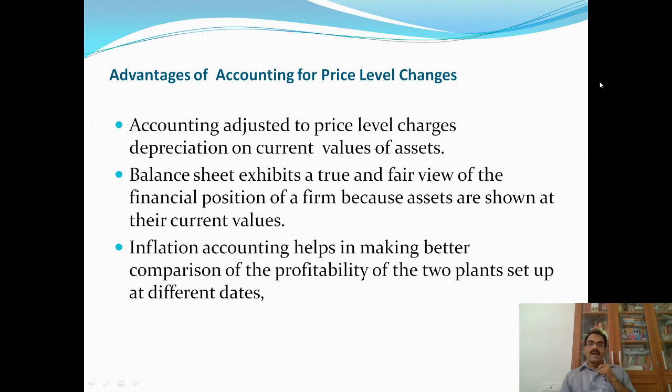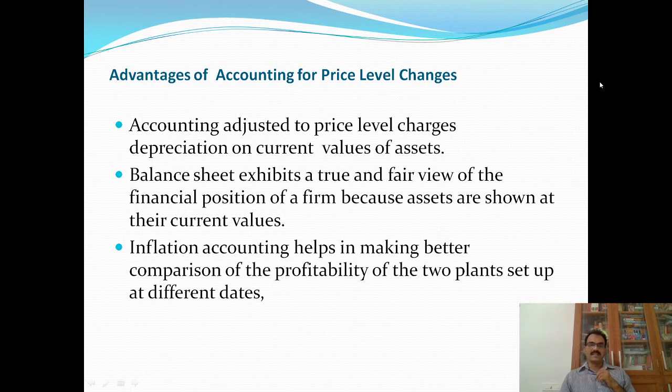Okay. The balance sheet exhibits a true and fair view of the financial position of a firm because assets are shown at their current values. All assets are revalued based upon the inflation. So the balance sheet will exhibit a true and fair view of the financial position of the business.